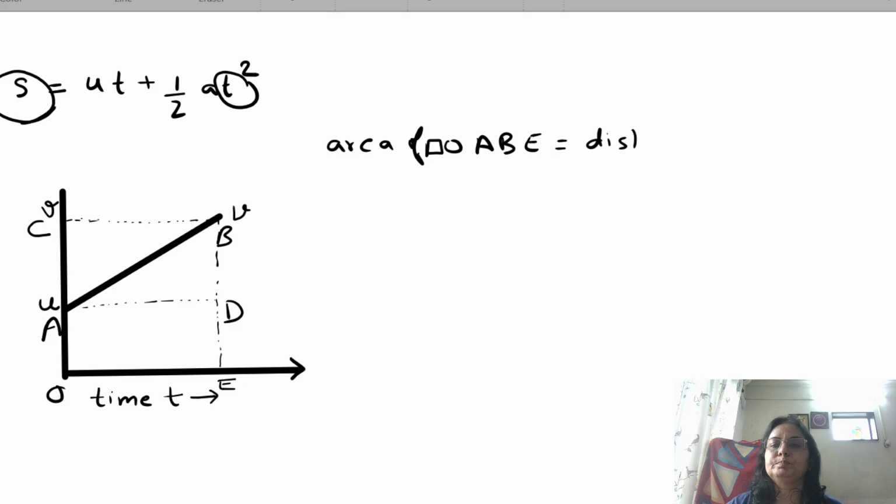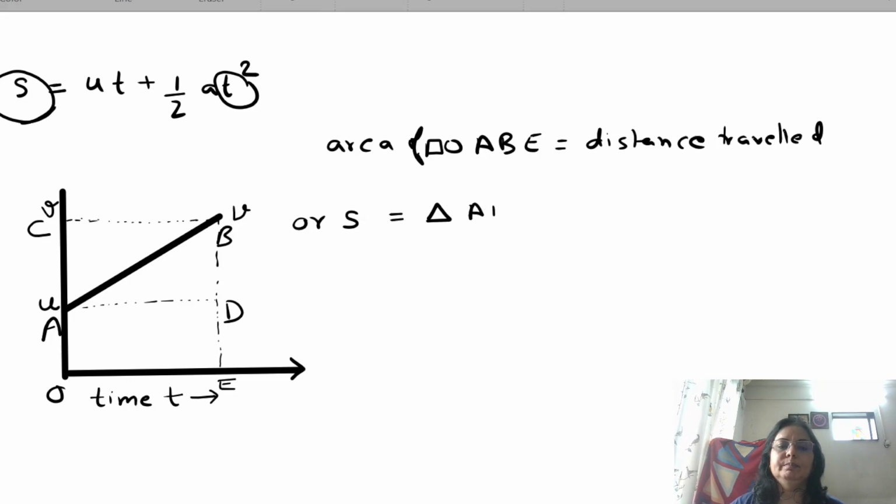If we recall, we have studied s is equal to the area of triangle ADB plus the area of rectangle OADE.